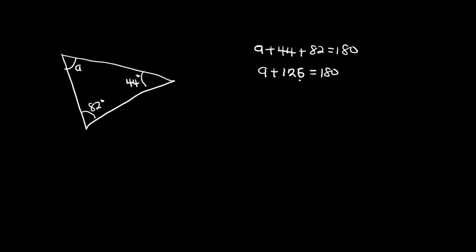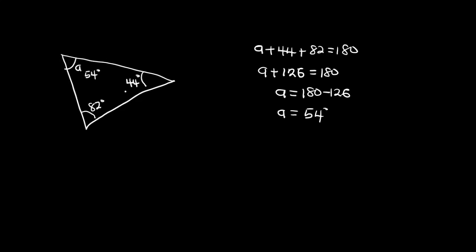So I send my 126 to the other side of the equal sign so that my A will stand alone. So my A is equal to 180 minus 126, and this gives me 54 as my answer for this question. So the angle here is 54.